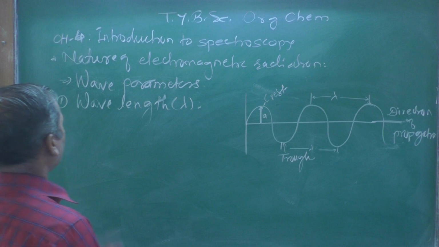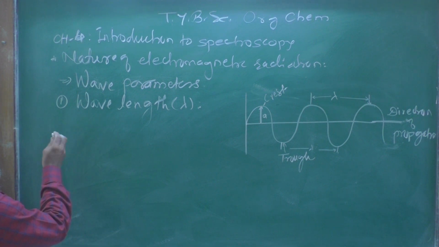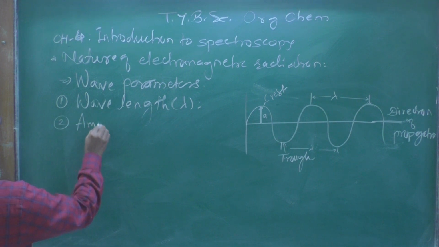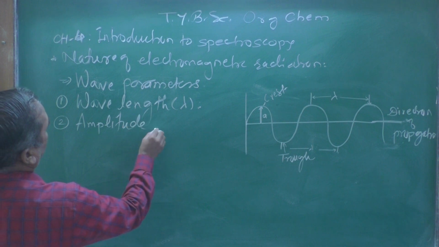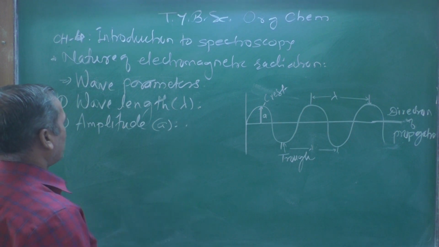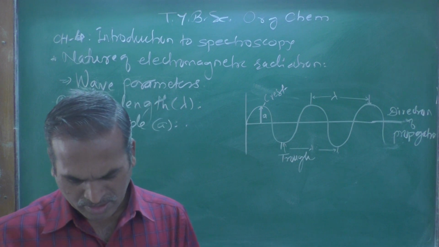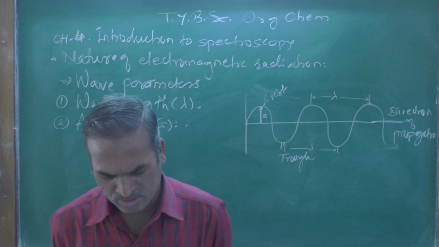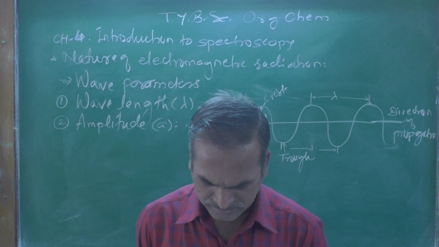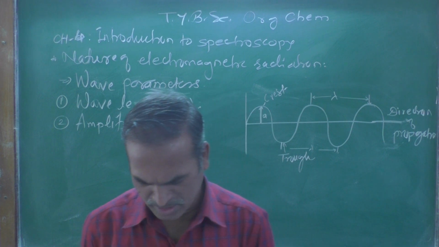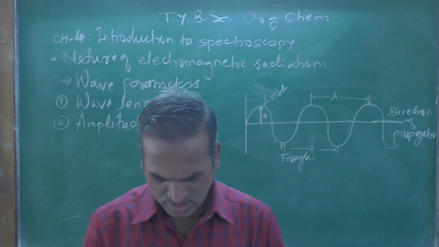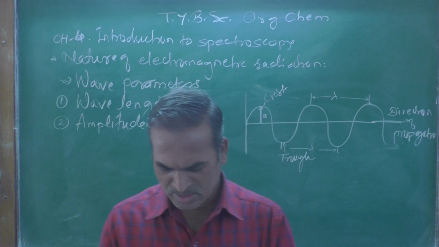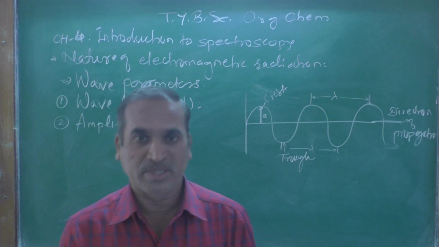So this is the first parameter we have learned over here. The second parameter is amplitude, represented by the symbol A. The maximum displacement of the wave from the x-axis is called the amplitude of the radiation.